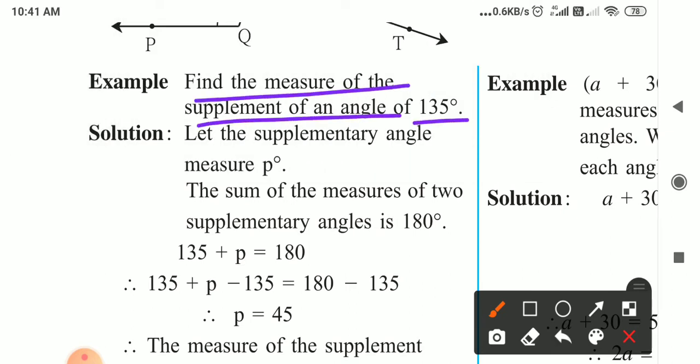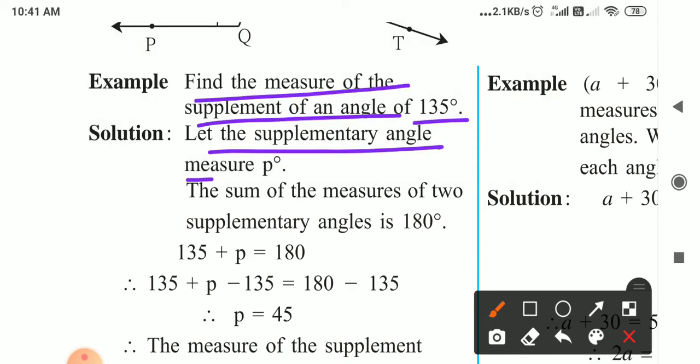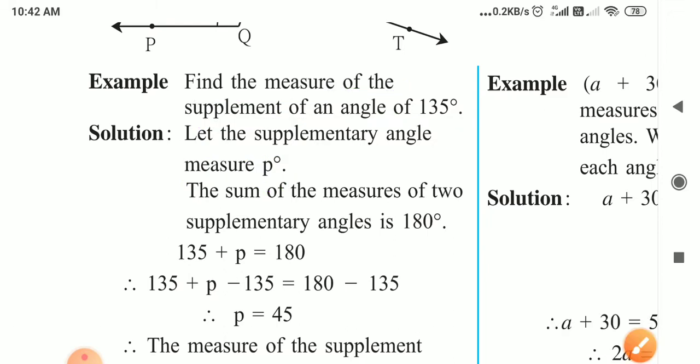So find the measure of the supplement of angle 135. We assume the supplementary angle's measure to be P degrees.